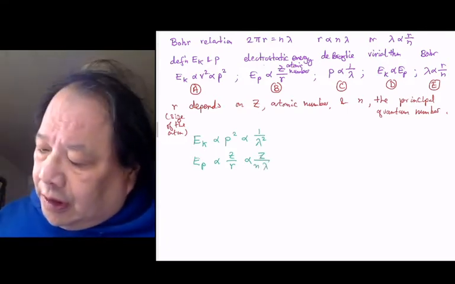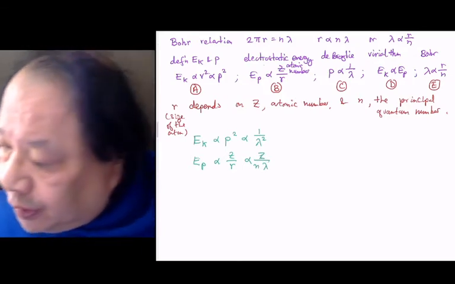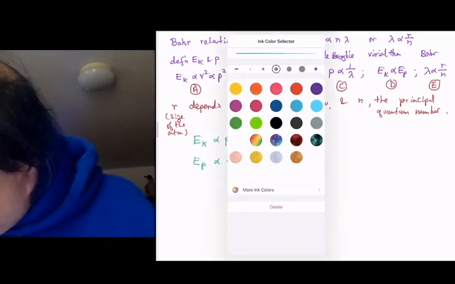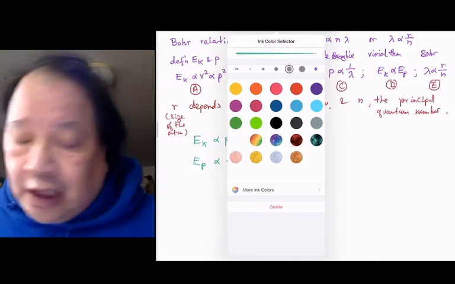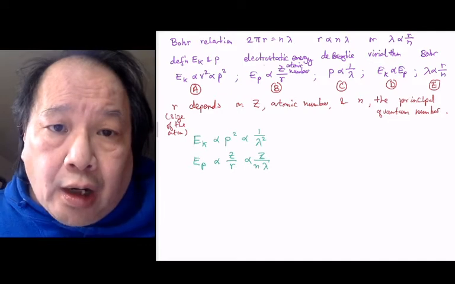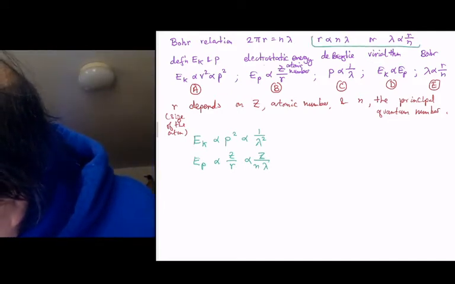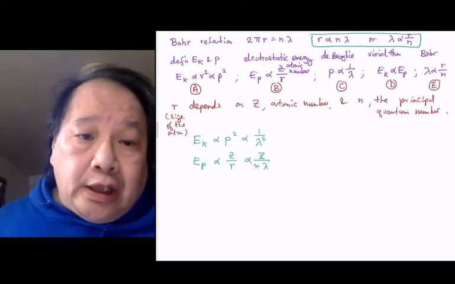So EP is proportional to Z over R, which is proportional to Z over nλ. And place into chat where this last one came from. That's right. R is proportional to nλ, or this is the Bohr relation. It's E.